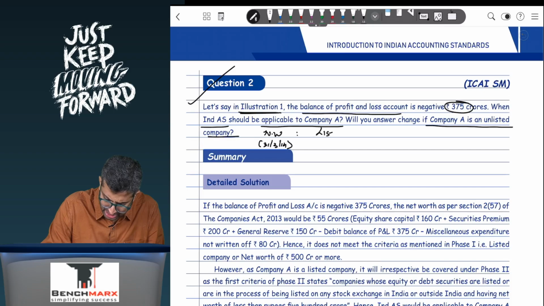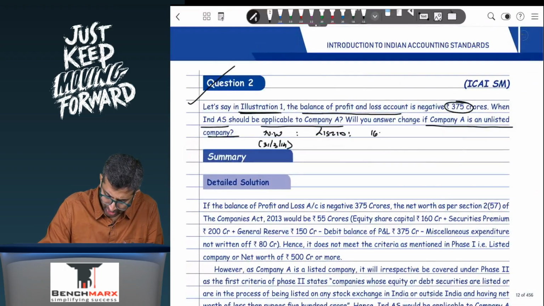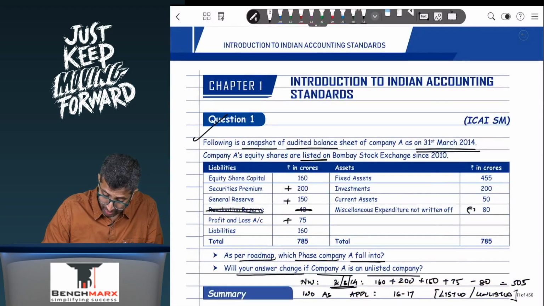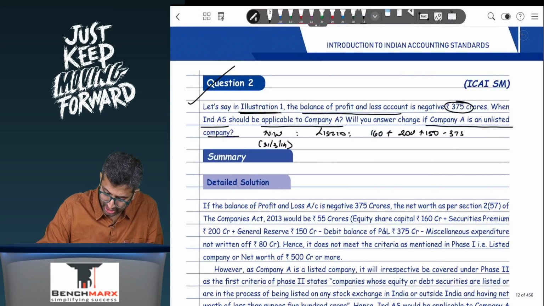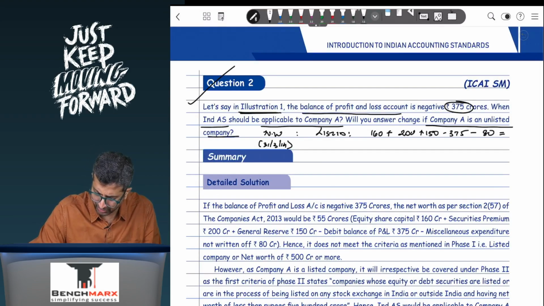Assuming the company is listed, the net worth over here would be 160 plus 200 plus 150. Now profit and loss, there is a negative 375 and there is a miscellaneous expense of 80. So this is 360, 150, minus 375 and minus 80. Probably this comes to around 55.